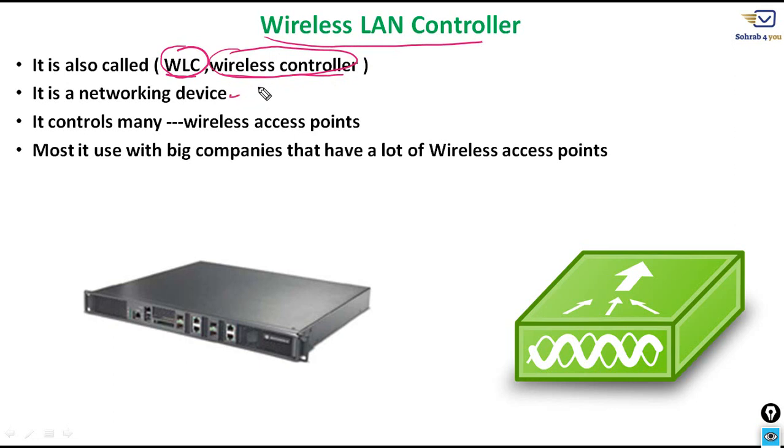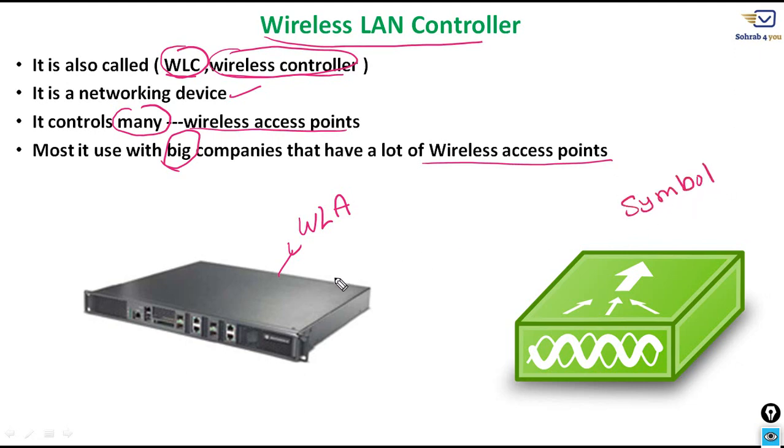So what is this? It is a networking device. And what is the job? It controls many wireless access points. We already spoke about the wireless access point, but this device is going to control a lot of access points. Mostly it is used in big companies that have a lot of wireless access points. So this is the WLC, and this is the symbol, the icon. This device is going to control a lot of WAPs.